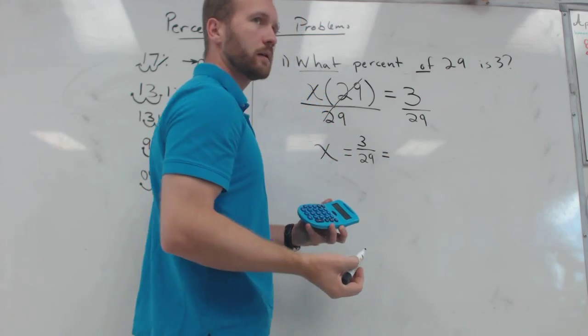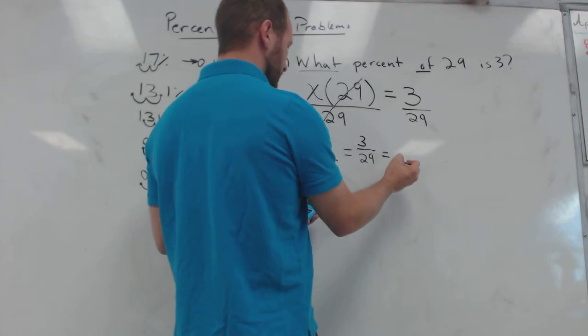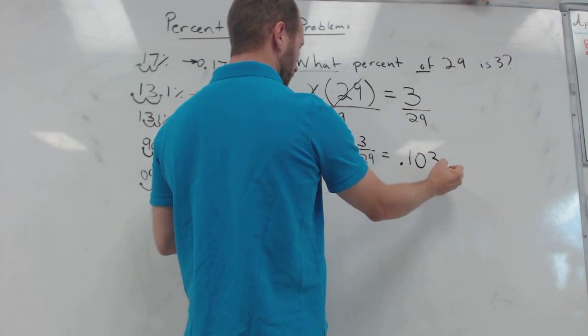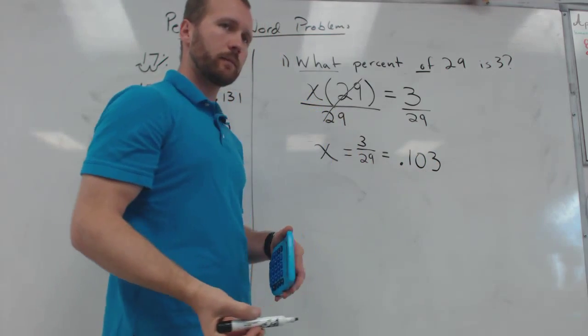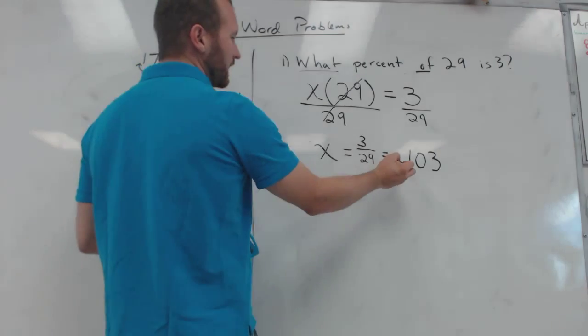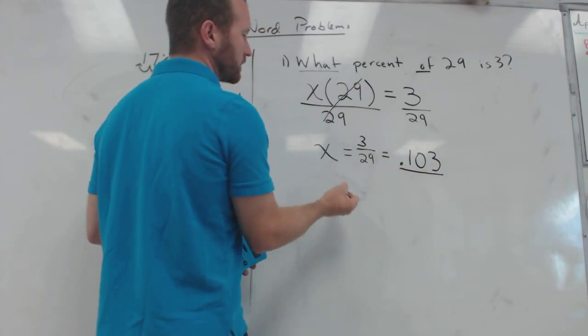We're going to write 3 decimal places. So 0.103. So this is my answer.